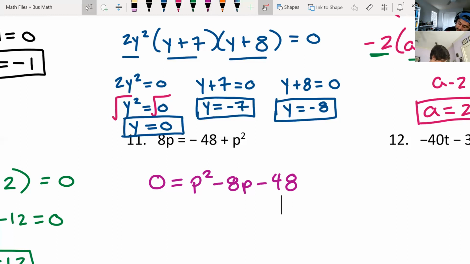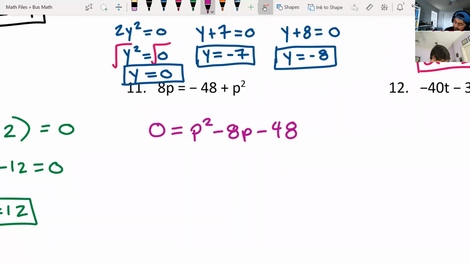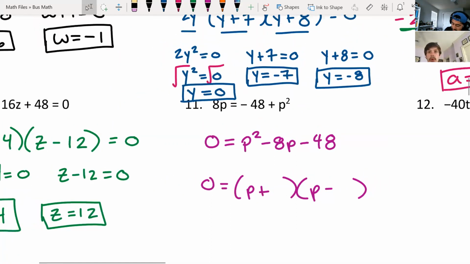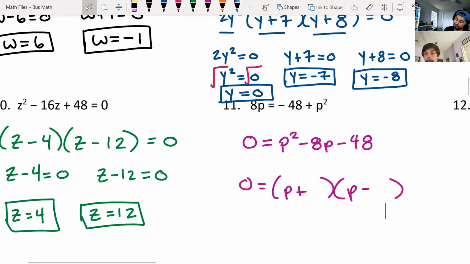Okay. And all we have to do now is factor. And again, another easy one to factor. So this is minus minus, meaning you'll have p plus a number and p minus a number. And what are two factors of 48 that could make negative 8? 12 and 4.